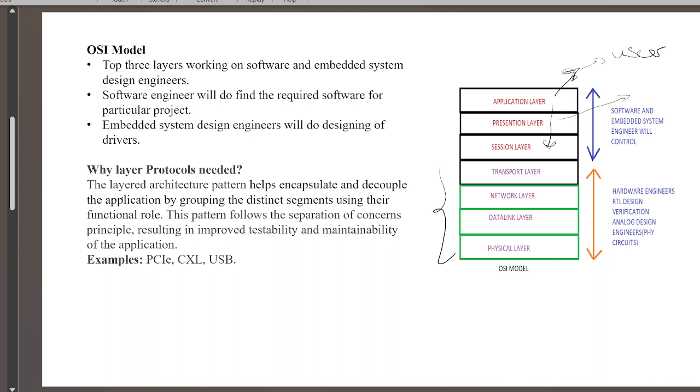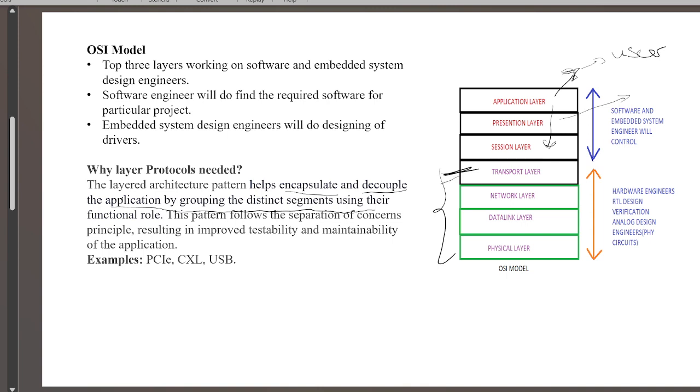Coming to layer protocols, what is the use case of layer protocols? Layer protocols are useful to encapsulate and decouple the applications by grouping distinct segments using their functional roles. Whenever you use these layer protocols, every layer has its own significance.